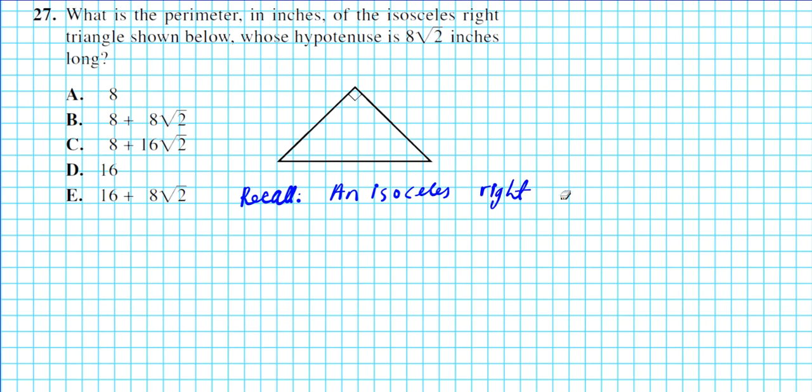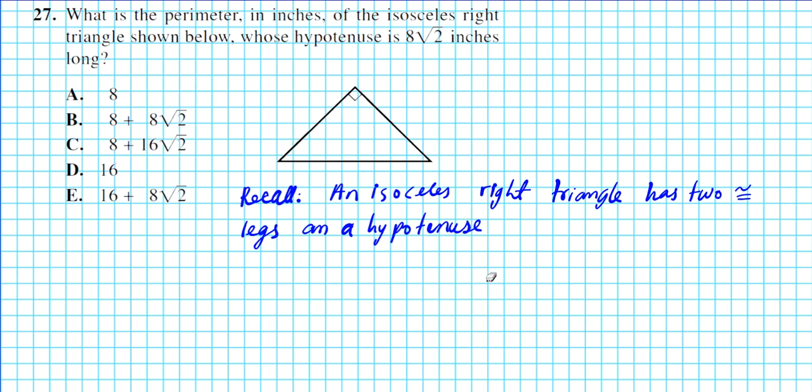So an isosceles right triangle has two congruent legs and a hypotenuse. The hypotenuse is normally going to be opposite the 90-degree angle.